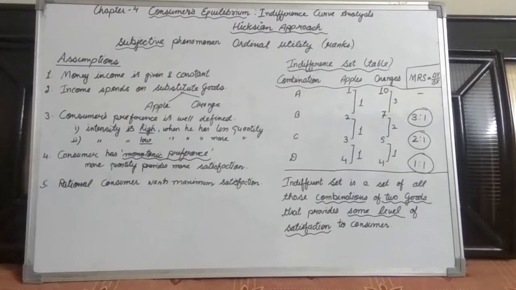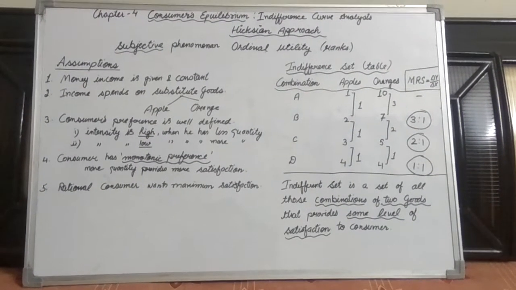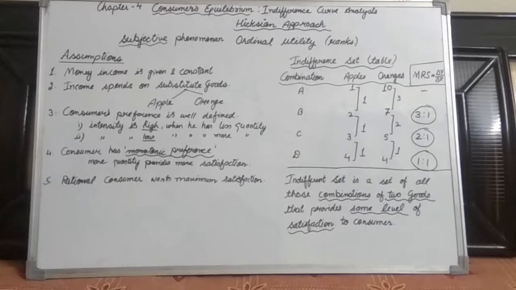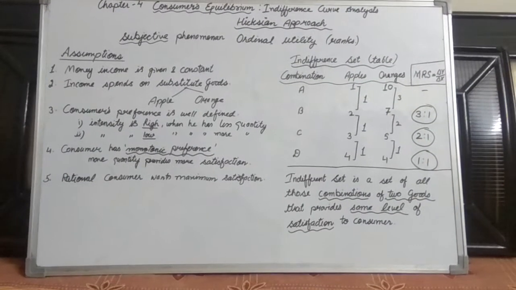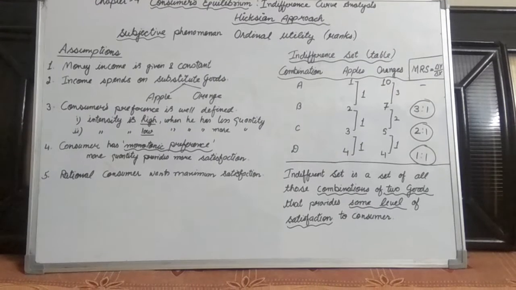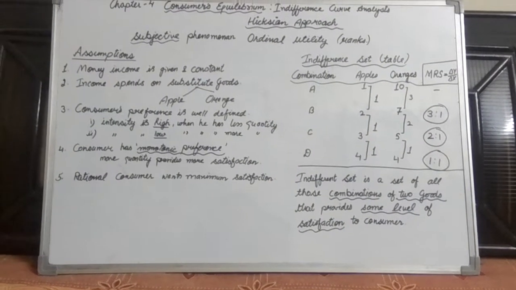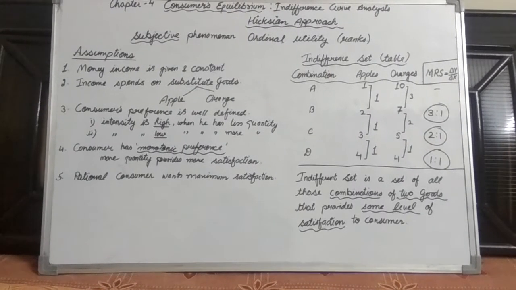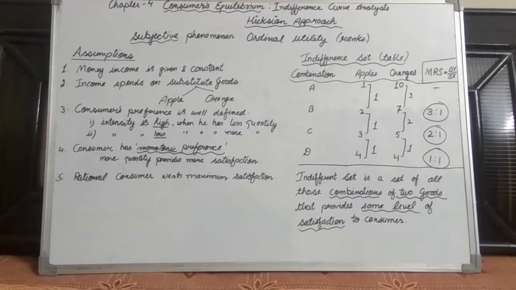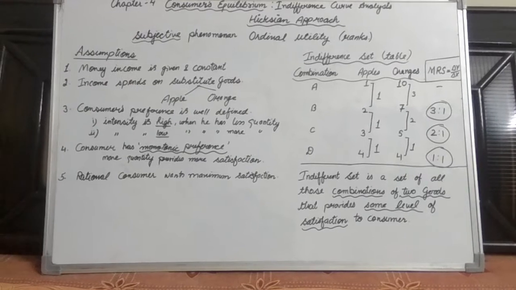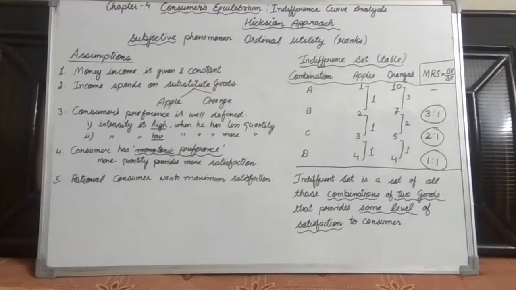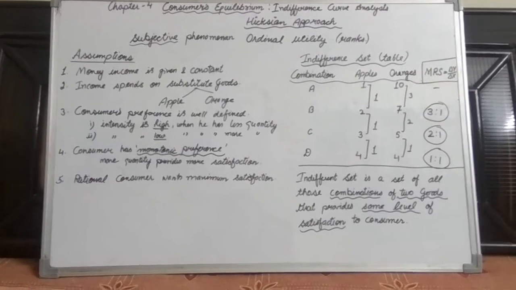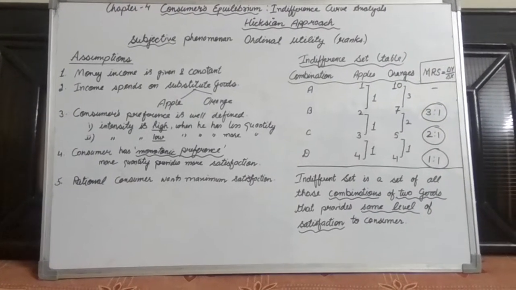The consumer has high intensity of want when he has less quantity, and when he has more quantity his intensity is low. Whatever the consumer has, he is not satisfied with that, he wants to attain more. When he already has a high quantity, he wants to substitute that good with another one, and that particular intensity becomes lower.